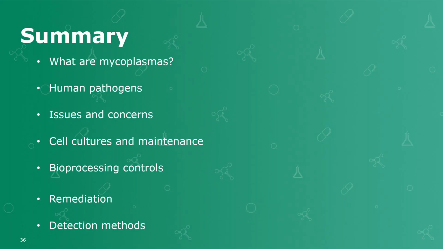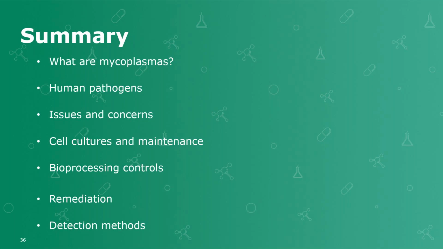Okay, so that brings the presentation to an end, and the idea of this was to introduce the topic of mycoplasmas and to describe the risks that they present to cell cultures. So we've looked at what mycoplasmas are, some of the characteristics of them, mentioned a little bit in terms of the medical implications and the human pathogens.